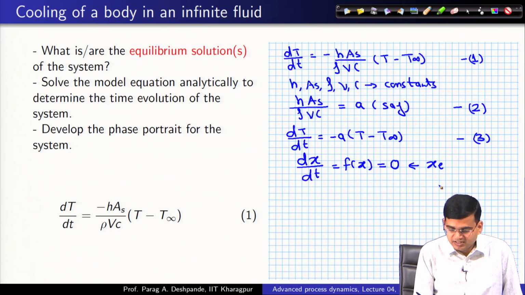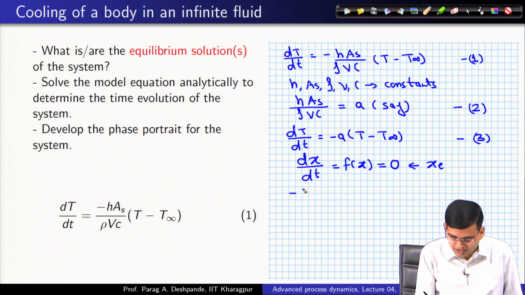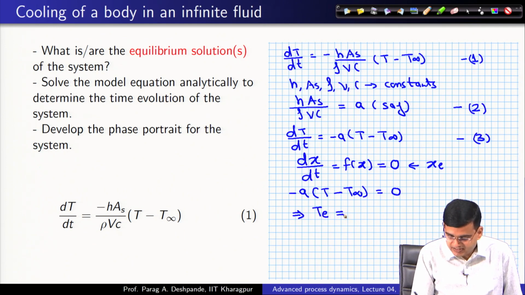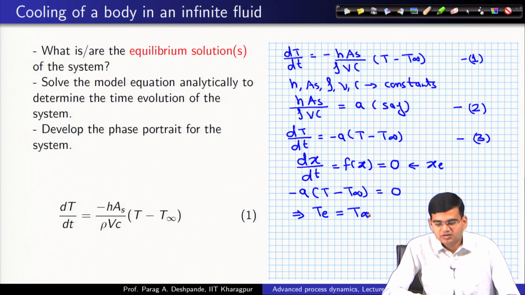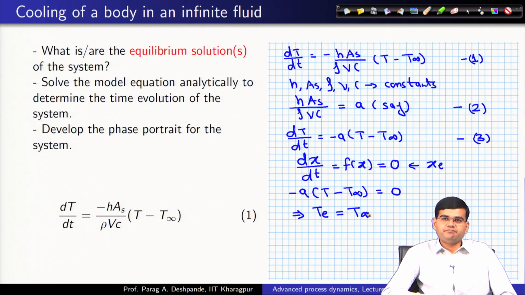So, in this case I can write minus A times T minus T infinity is equal to 0, which gives me T equilibrium as T infinity. Now, does this make sense?